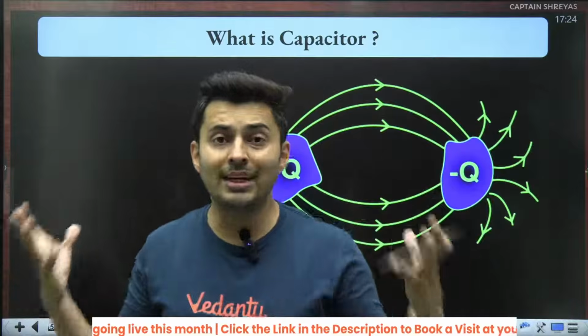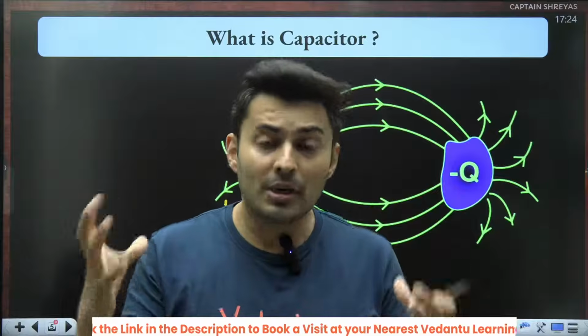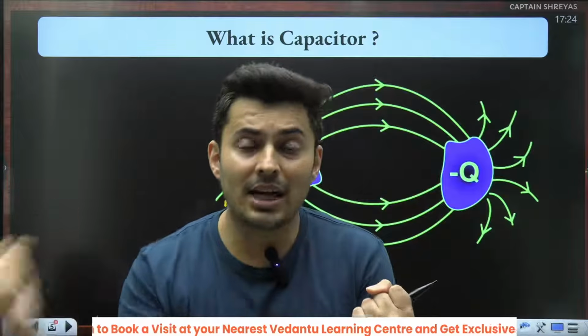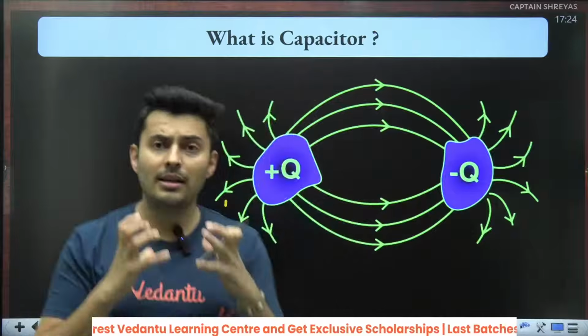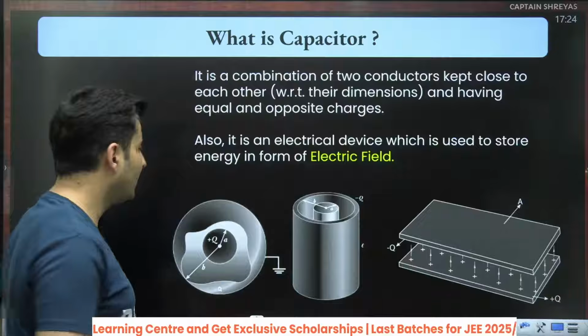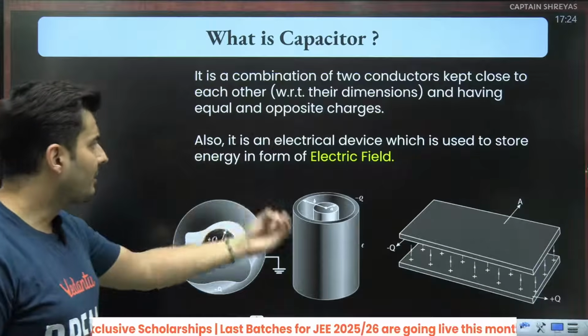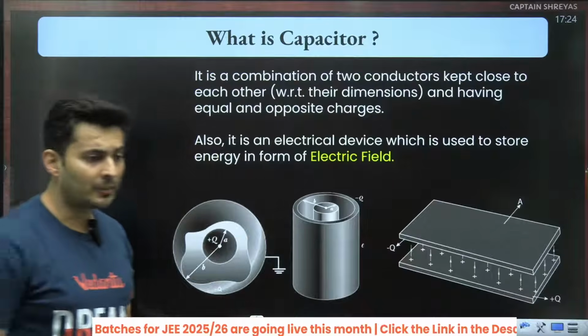So that's why you need conductors which can get charged up, and those charges create that electric field which then stores the electrical energy. So a capacitor is just made up of conductors with charges, and electric field lines which store the electrical potential energy.